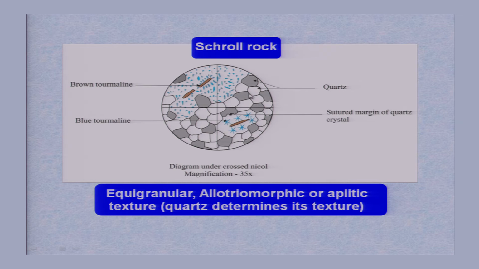The rest of the mineral grains are quartz with sutured margins. Quartz margins are not regular, but curved and irregular, sutured margins, and you have tourmaline and plagioclase. The other minerals are more or less similar to those found in granite.